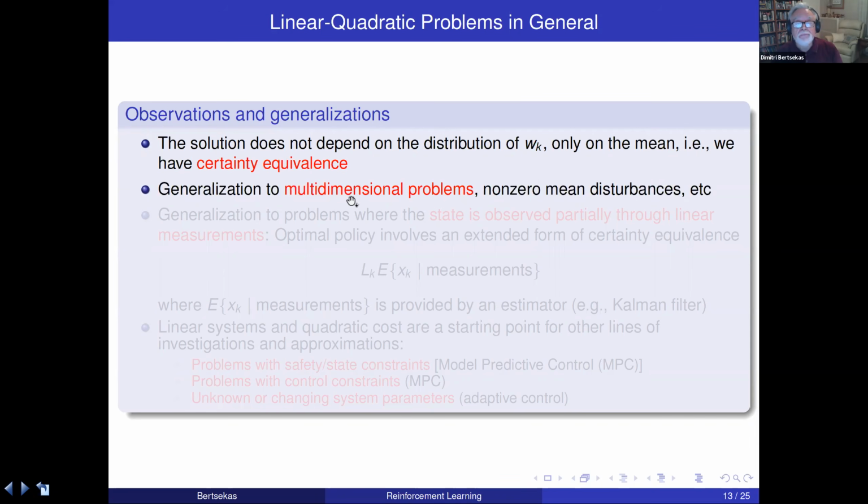The second observation here is that this quadratic cost being maintained in the backwards calculation of the dynamic programming type carries through for multidimensional problems. In multidimensional problems, instead of having a scalar state, you have a vector state.